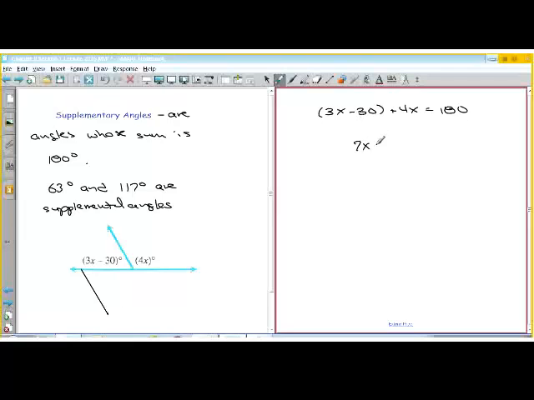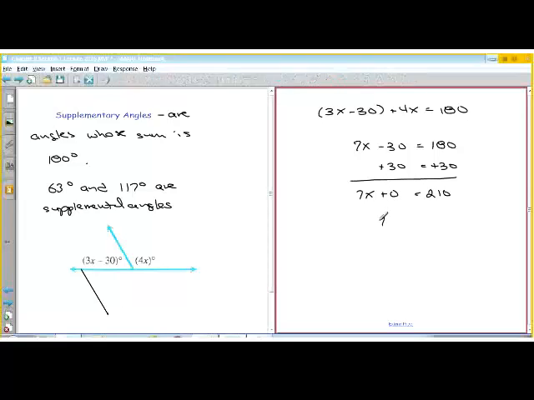So 3x plus 4x gives us 7x. We have the negative 30 hanging out there. We need to isolate the variable term, so we're going to add 30 to both sides. So 7x plus no x is 7x. Here you get 0, here you get 210.